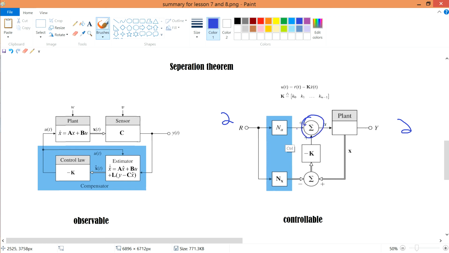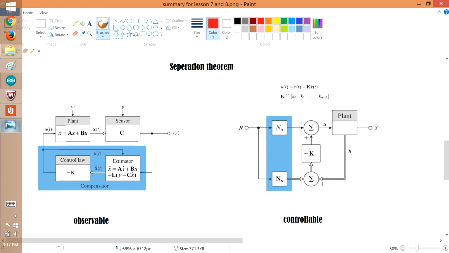This is the summation between your reference signal and the feedback. The feedback tells you whether your system is the same as the reference signal. So this is the controllable and this is the observable, in a short and brief explanation. There comes an explanation on this page that I may not fully understand.